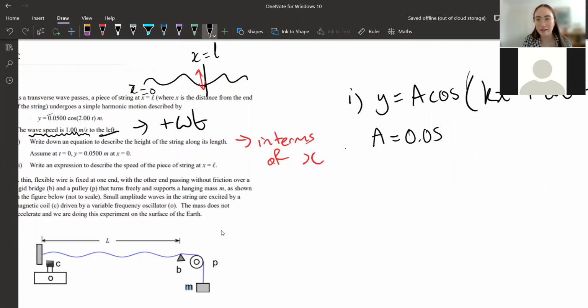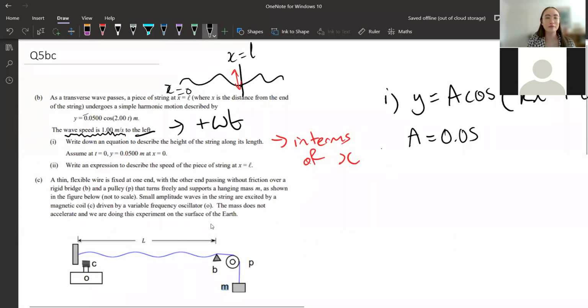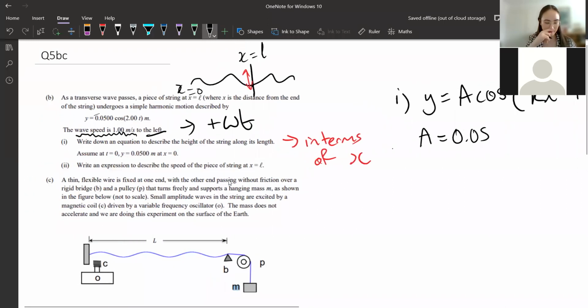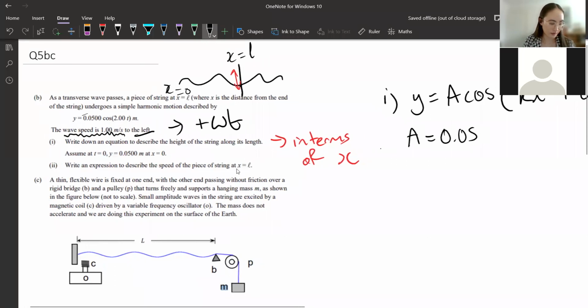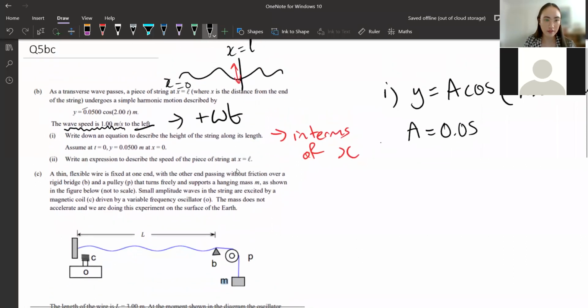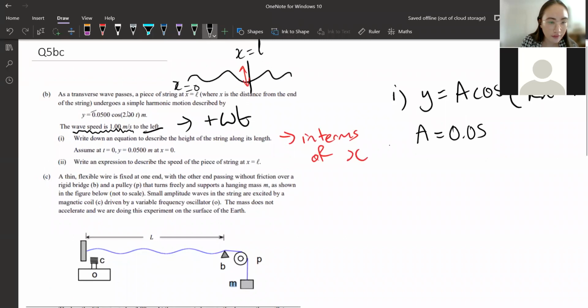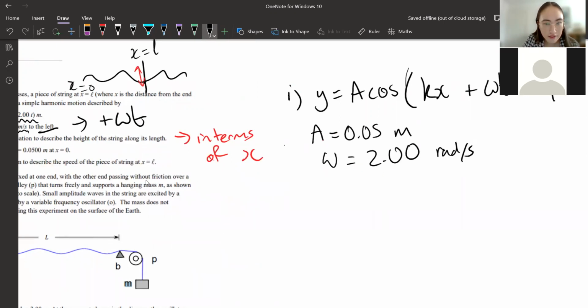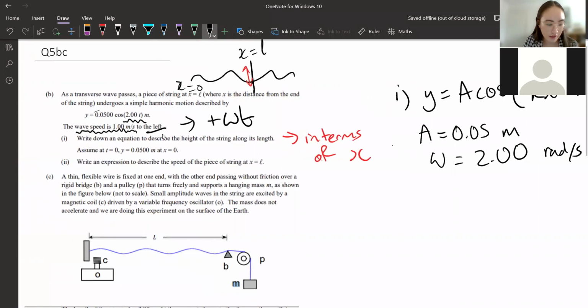So that's why that's there, in case you're like, I don't recognize that form. It's because of that to the left thing. What else do we have? We've already got the omega value actually, and it's 2.00. So we'll put that in. Omega is 2.00, that's radians per second. And so now we just got to find out what that k value is.